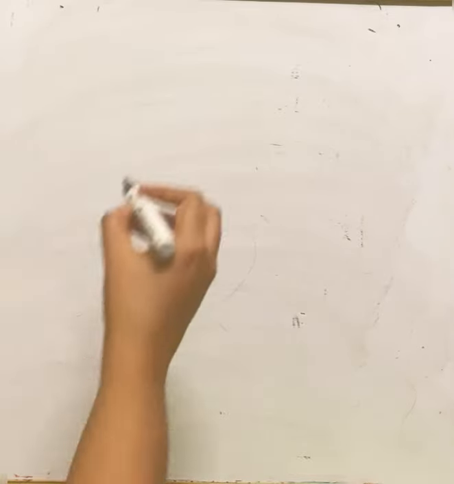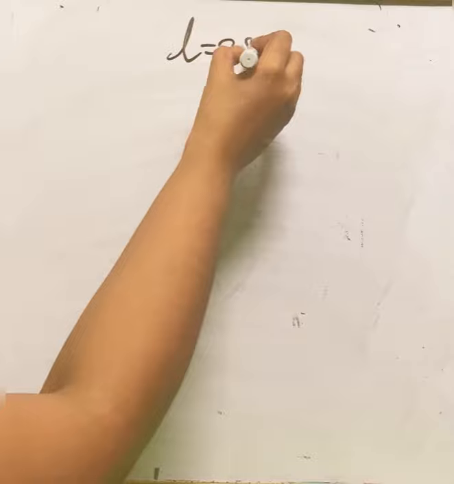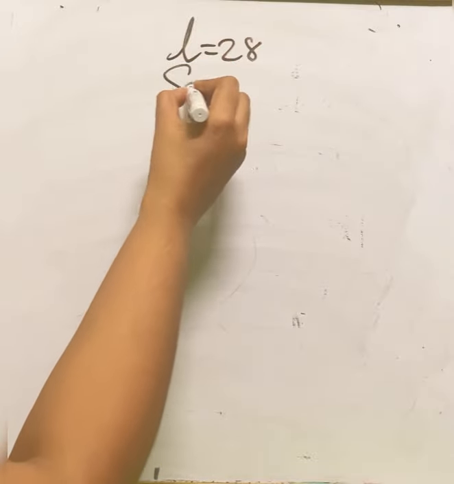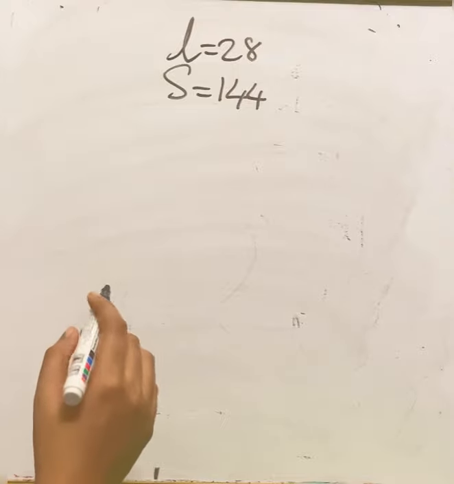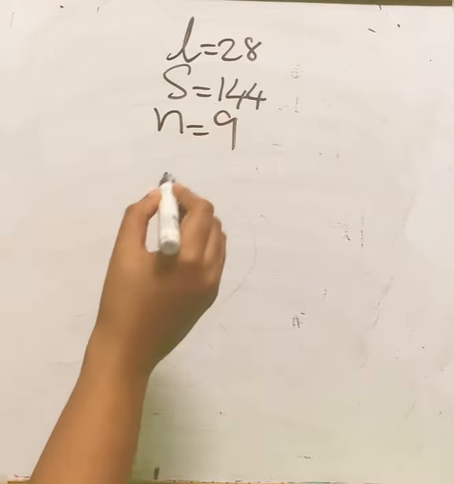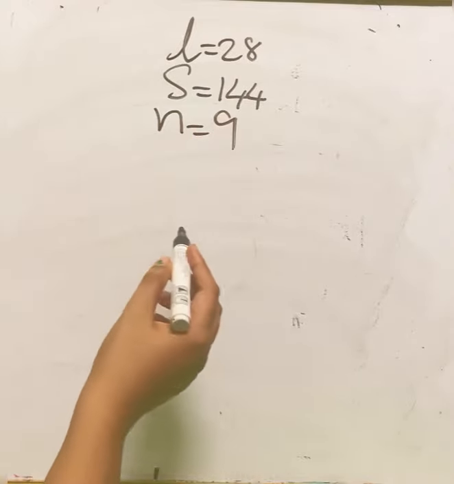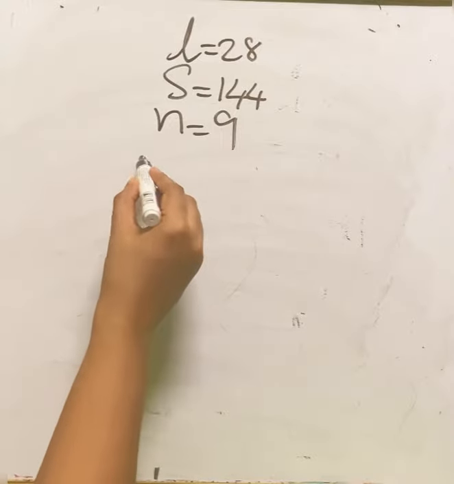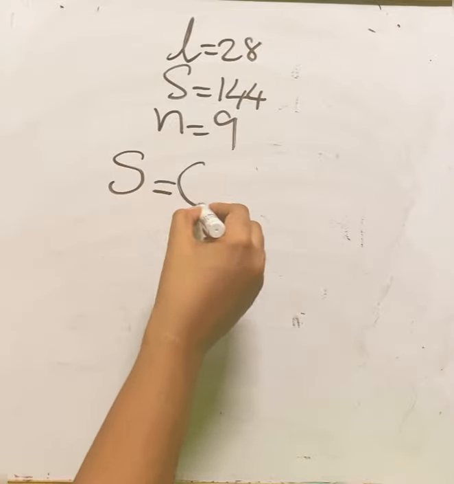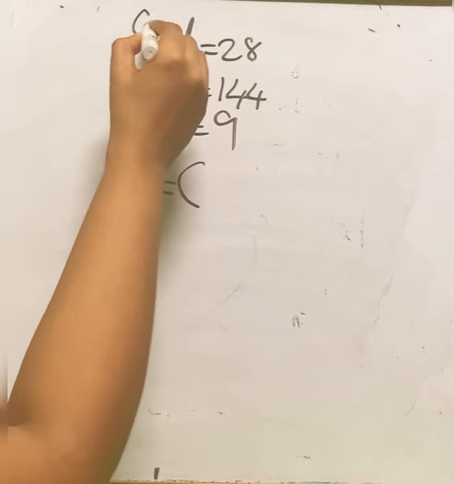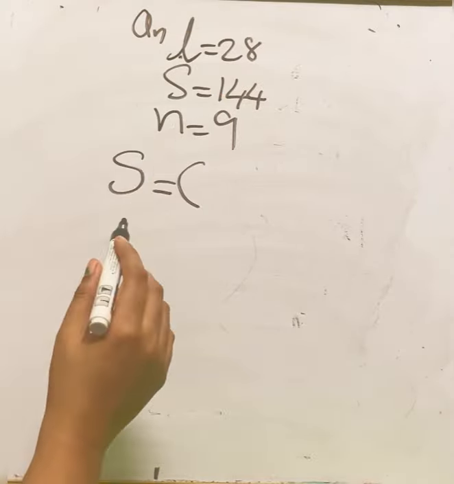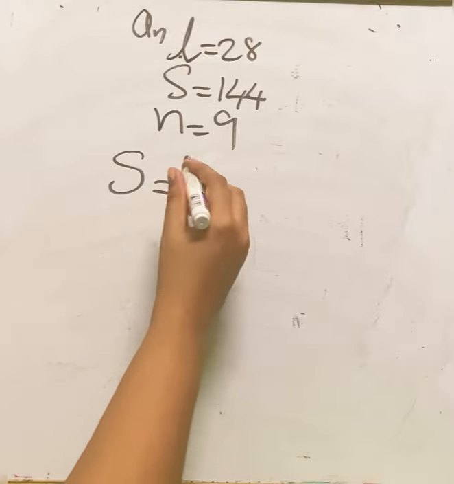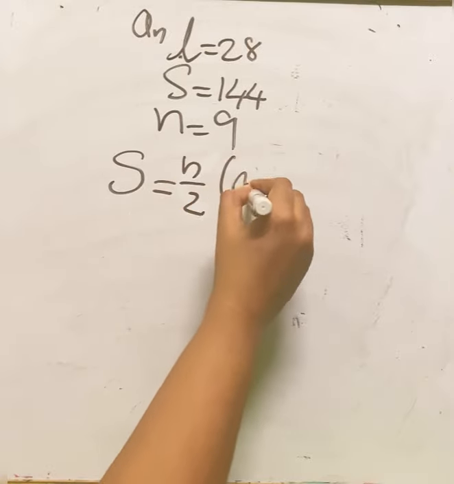Next question, L equal to 28, S equal to 144 and there are a total of 9 terms. That means n equal to 9. Find a. So we have an equation, that is S equal to, here L means an, the last term, and n is 9. So S is equal to n by 2 into a plus an.